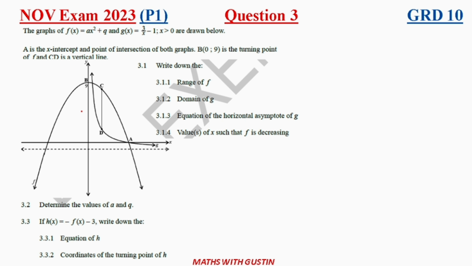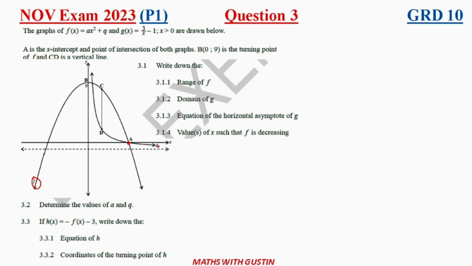Let's have a look. They've given us f of x marked here. It is a parabola, and g of x is an exponent thereof. A is an x-intercept and the point of intersection of both graphs. Where is A? Here is A, a point of intersection and also an x-intercept.